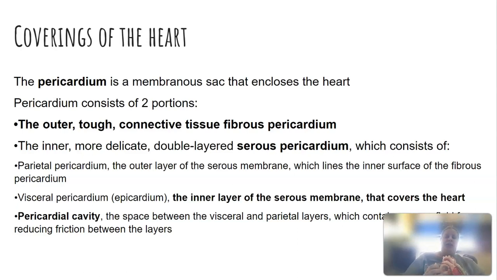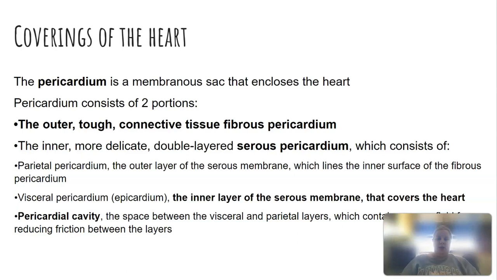which consists of your parietal pericardium, the outer layer of your serous membrane, which lines the inner surface of the fibrous pericardium, and then your visceral pericardium, or your epicardium, which is the inner layer of your serous membrane that covers the heart.